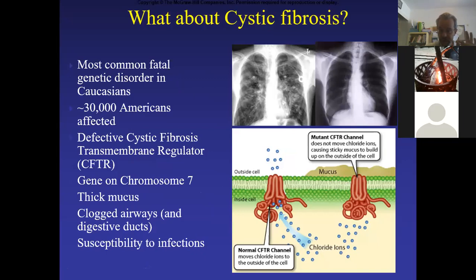Roughly about 1 in 30,000 Americans are affected. If you're interested in reading about this, on the Canvas page near the bottom on the STEM lecture series, one of the lectures we had was by Paul Quinton, who not only is an excellent researcher, he himself has cystic fibrosis. He actually discovered what causes it.